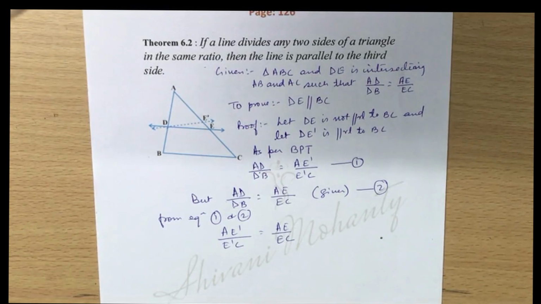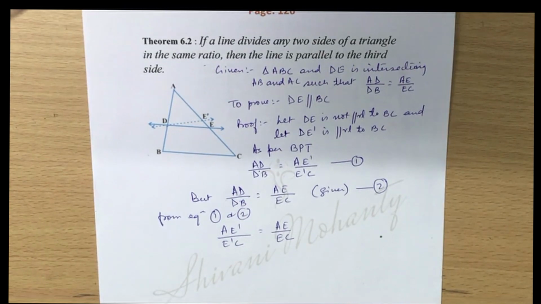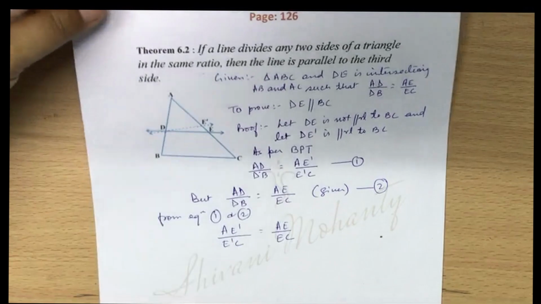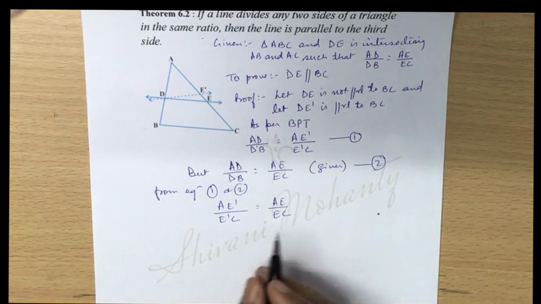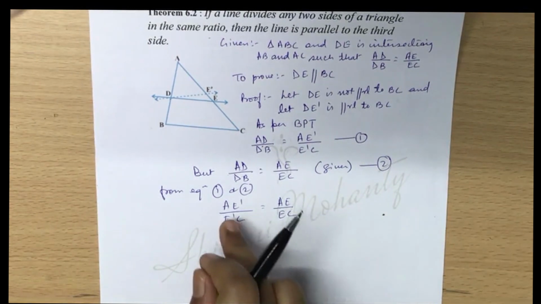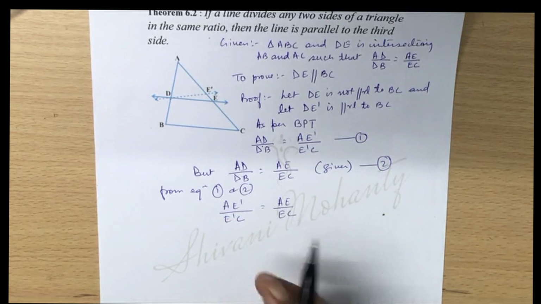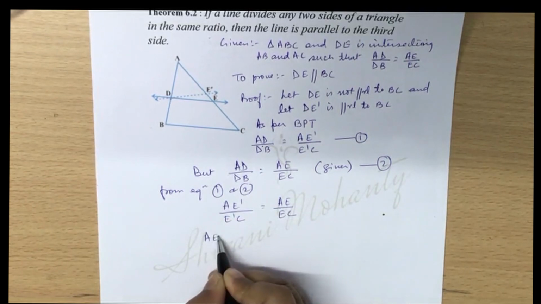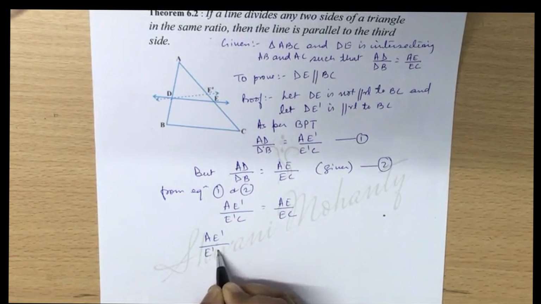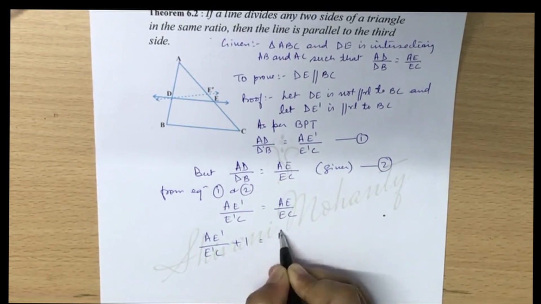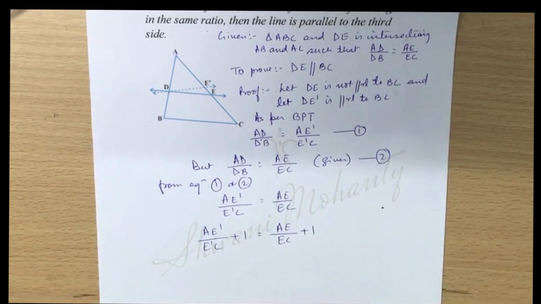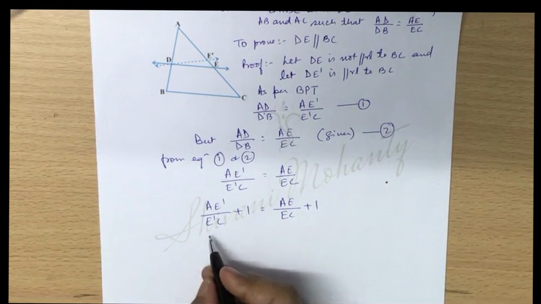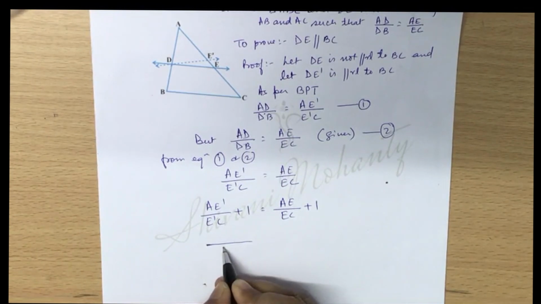Now here I want to do some manipulation. Let me add 1 to both sides of the equation. Whatever you do on the left hand side, you have to do the same on the right hand side. So AE dash by E dash C plus 1 is equal to AE by EC plus 1. What is the LCM?